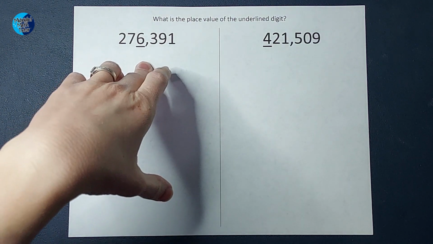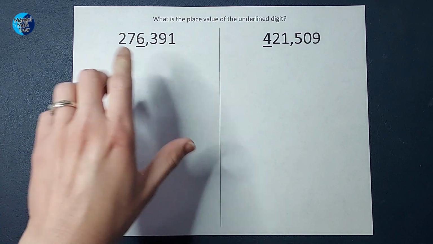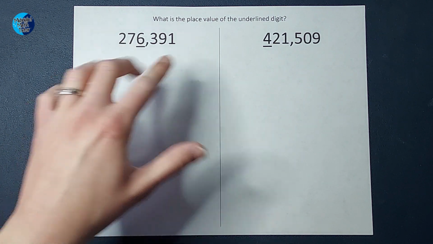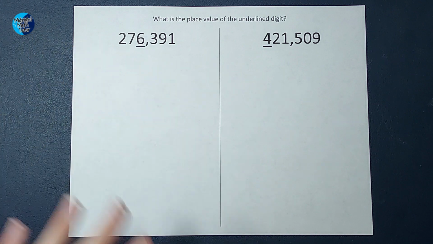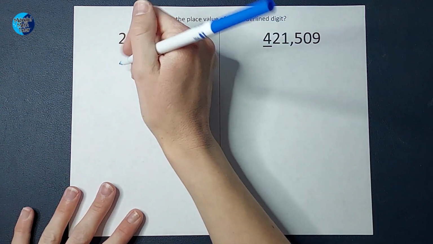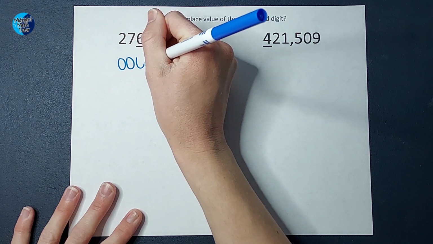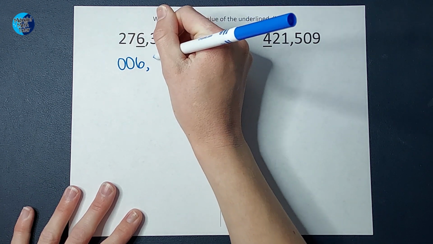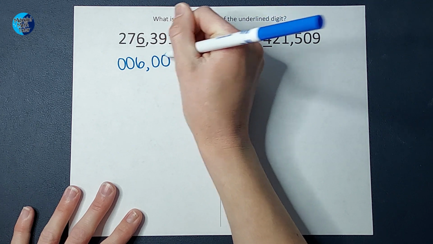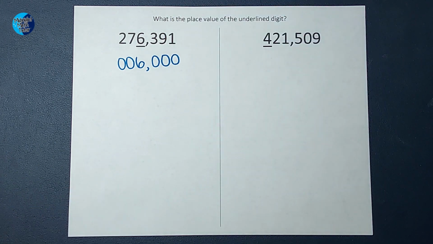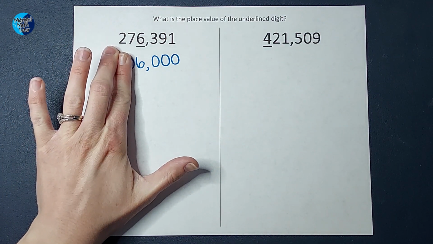So there's kind of two ways you could help your student figure out the answer. You can tell them they want to know what the value of this 6 is if all the other numbers here were zeros. All right, so if I had 0, 0, 6, and the rest of these were zeros. Okay, now we normally don't put zeros in front here, right?